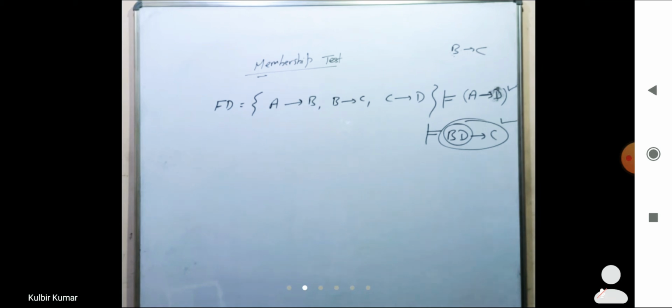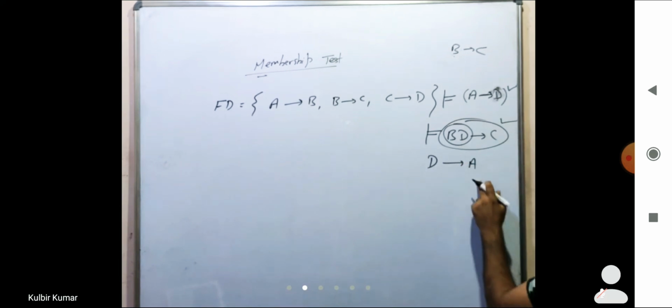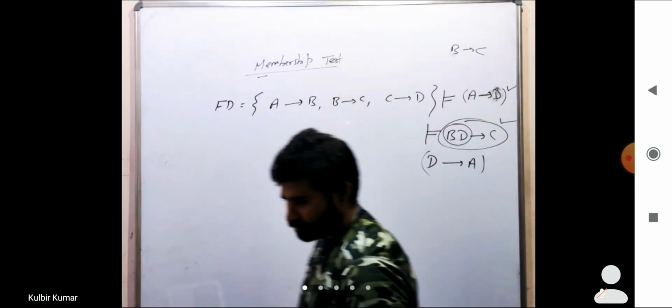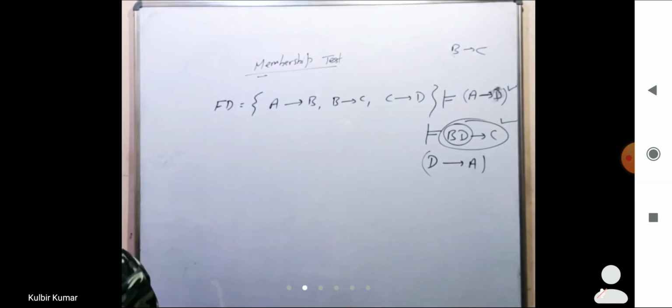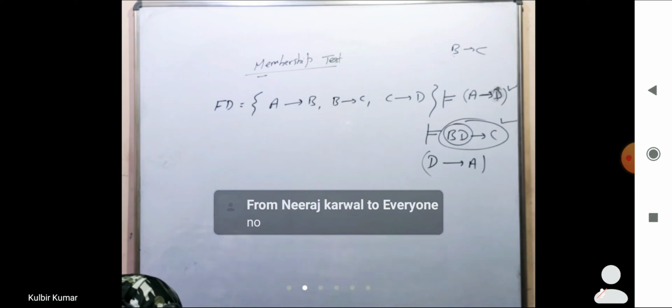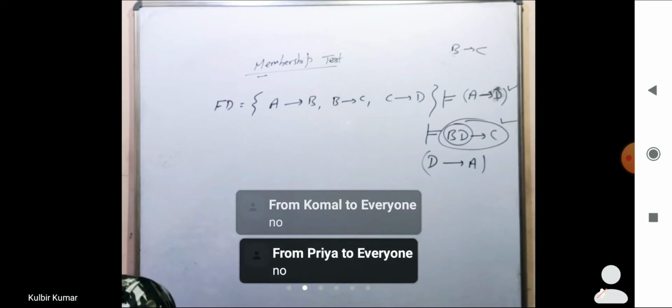D goes to A, assume D goes to A. What about this one? Is it implied or not? No. Now she is saying yes.